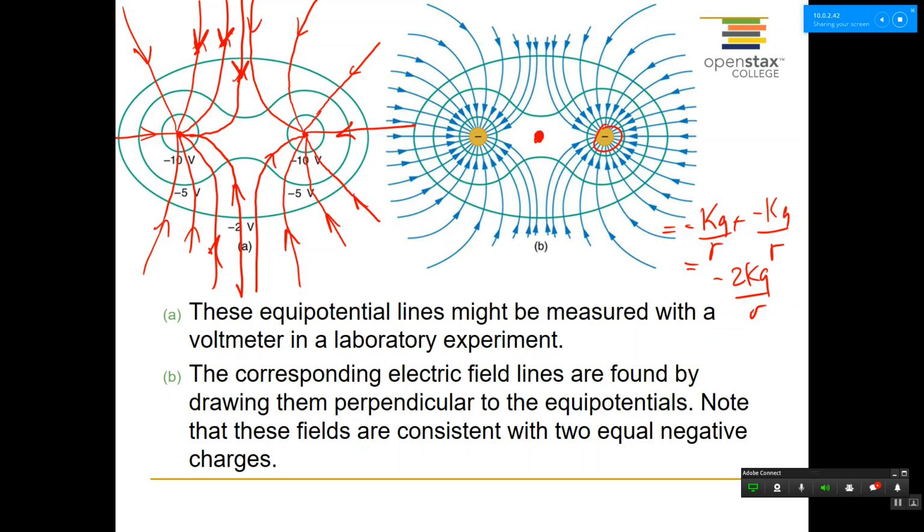What's the electric field at the center? Zero. That's a vector, so they do cancel each other out. If I were doing vectors, the electric field from this charge would be to the left, the electric field from that charge would be towards the right, and then they would cancel each other out. That's true for electric fields, but not true for electric potential.